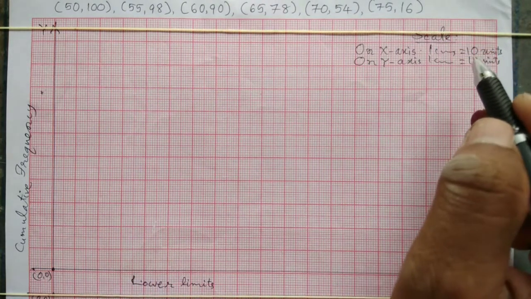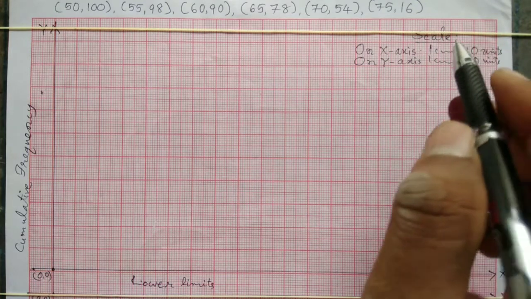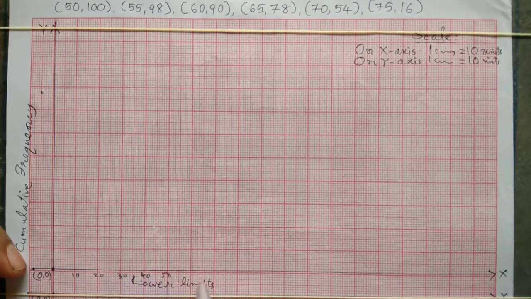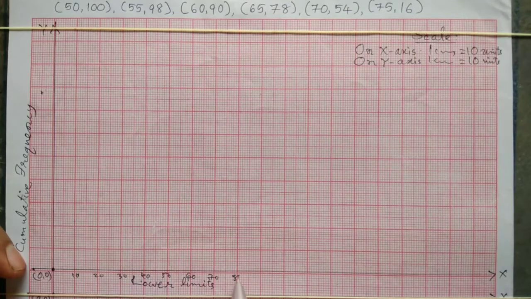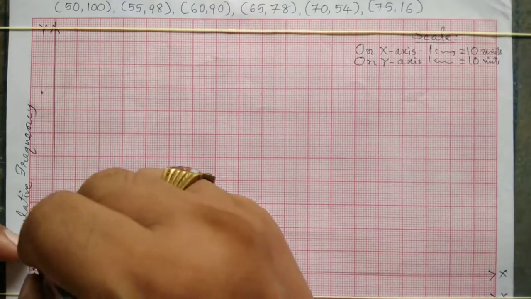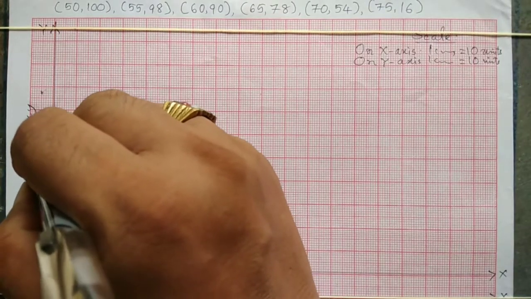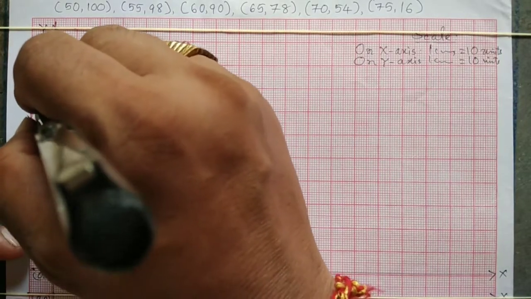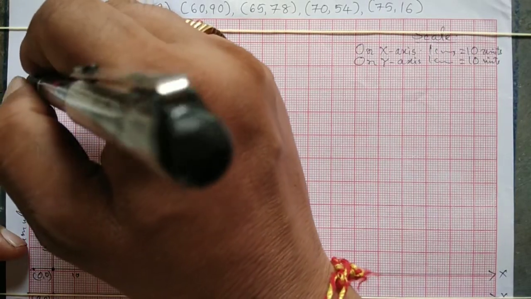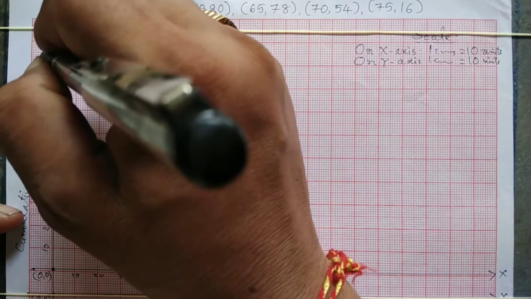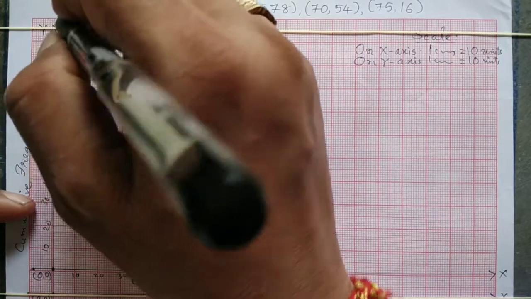Here we indicate 10, 20, 30, 40, 50, 60, 70, 80, 90, 100 on the y-axis.